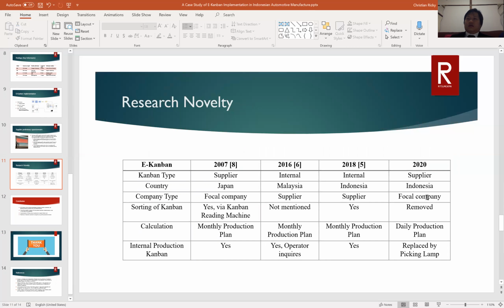The focal company is the company that governs the supply chain, and this is different from the suppliers or the first tier supplier, as this is the one that governs the supply chain. And the sorting of Kanban, as I told you before, is removed and replaced by calculation. It changed from the monthly production plan to daily. And the last is the replacement by the picking lamp, as I discussed before.